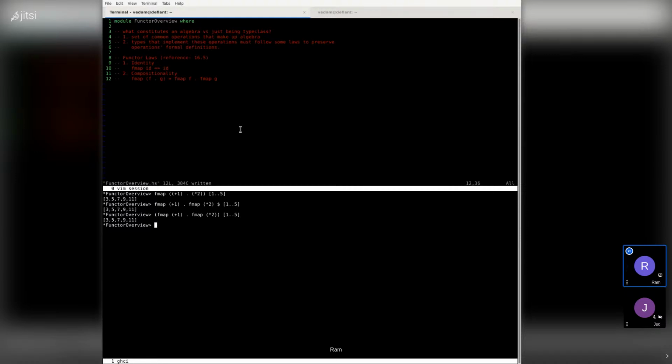So the point of that composition law is that we want to make sure that the application of the functions you're applying to the structure happens in exactly the same way. There's no modification of the underlying structure.